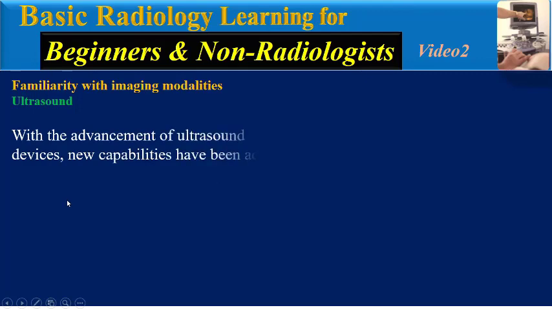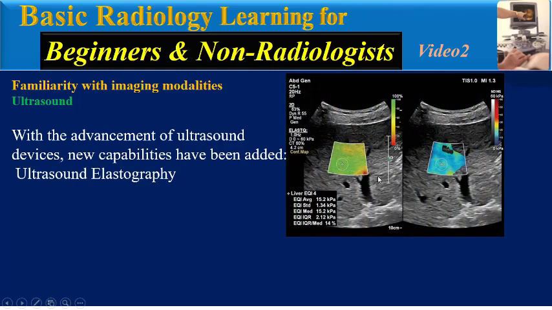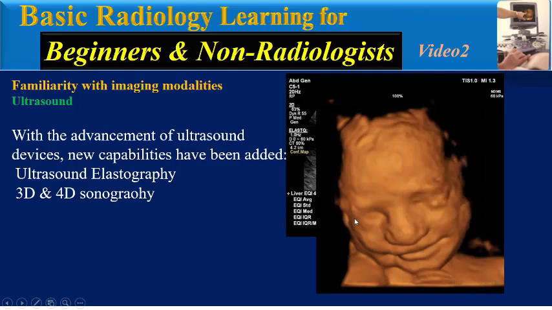With the advancement of ultrasound devices, new capabilities have been added, like ultrasound elastography for measurement of the elasticity of soft tissue organs. For example, we can see here the image of liver elastography for evaluation of liver fibrosis, 3D and 4D sonography, and skin ultrasound.